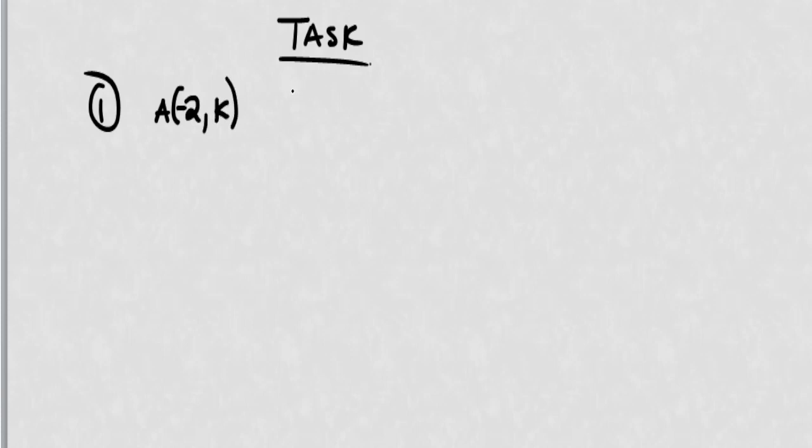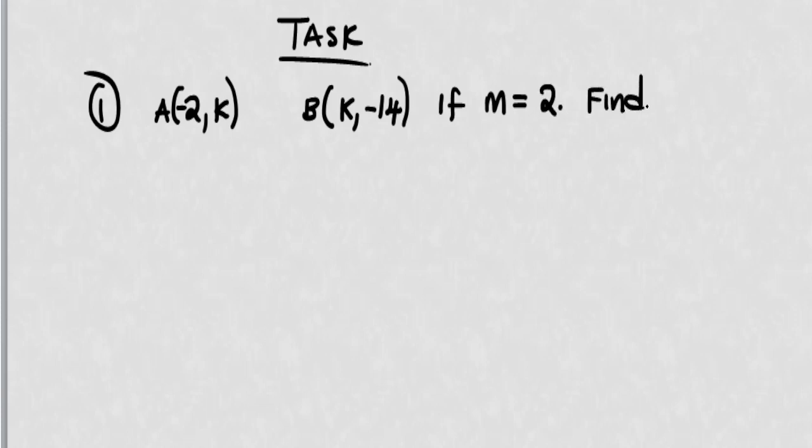Then you've also been given point B with coordinates k, -14. Then they are telling you to say if the gradient is equal to, let's say, +2, then find k. So find the value of k.